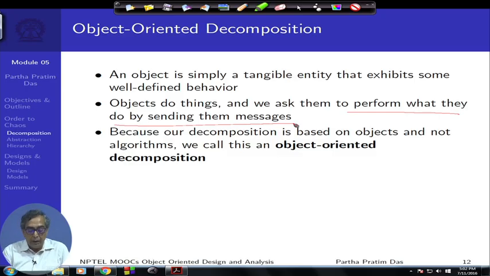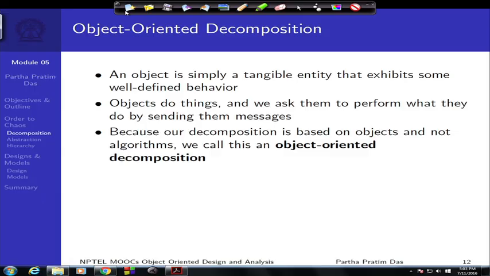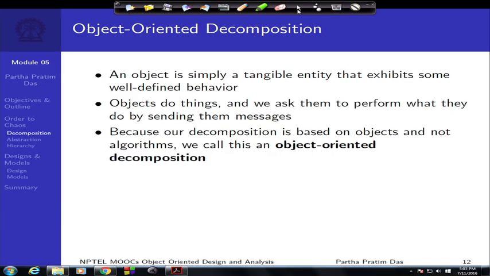That is the main thing that the objects can do: they can exist on their own as autonomous agents, they can perform some tasks which we say are operations, and they can send some information, some message to other objects to perform some tasks. This is the whole view, and since this whole view is based on the objects, rather the autonomous agents, and not on the specific algorithms that they perform, we call this an object oriented decomposition.